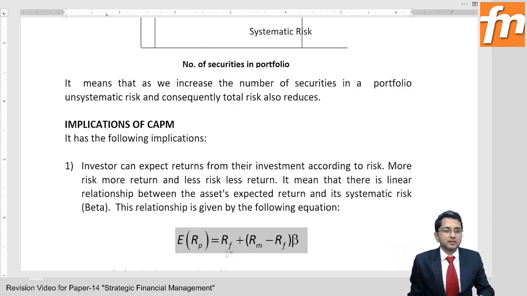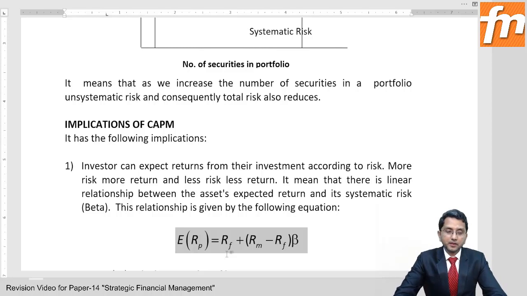So, as an investor, your basic minimum expectation is always equal to the risk-free rate of return, right? But you can't say that from investment in equity share, I want 6% FD return.